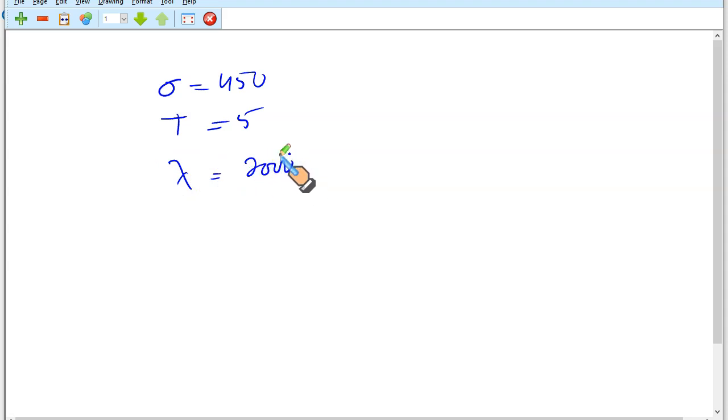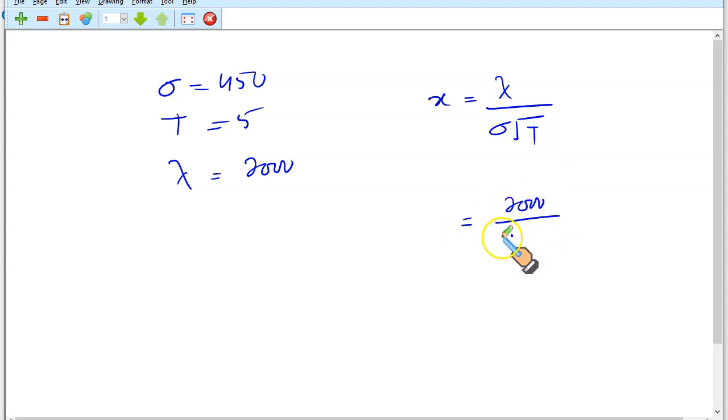These are the 3 inputs we need. First thing we need to find is x. As per the formula, x is equal to lambda upon standard deviation times square root of T. If you plug in the numbers, it's 2000 upon 450 times the square root of 5. If you simplify this, it will give you 1.987616.